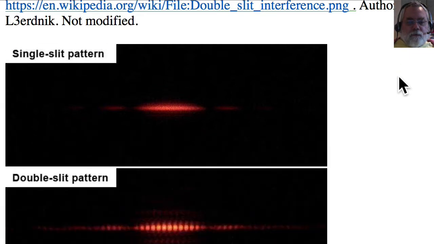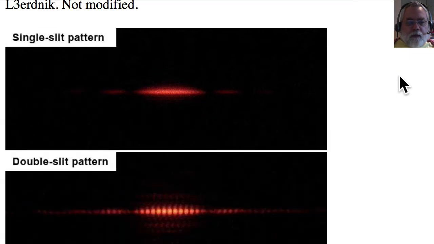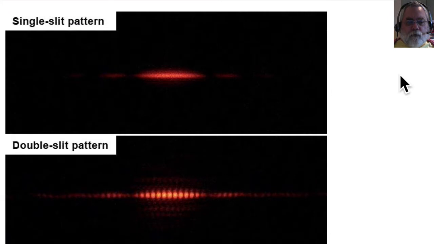Here's an example of a single slit pattern and a double slit pattern with laser light. So with the single slit pattern, we get one high intensity blob, a node, a much less intensity blob, and so forth.